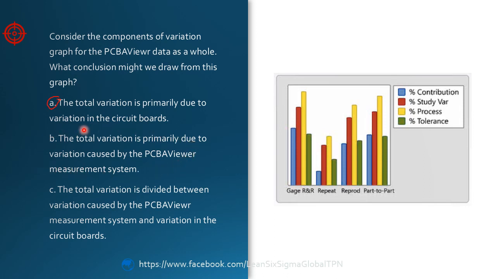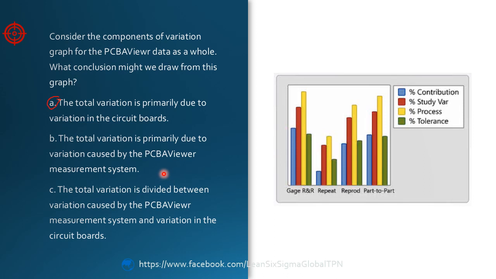B is also not a correct answer, because if most of the variation were caused by the measurement system, then the first three clusters of bars would be much higher than the part-to-part cluster. So how about C? C is the correct answer.